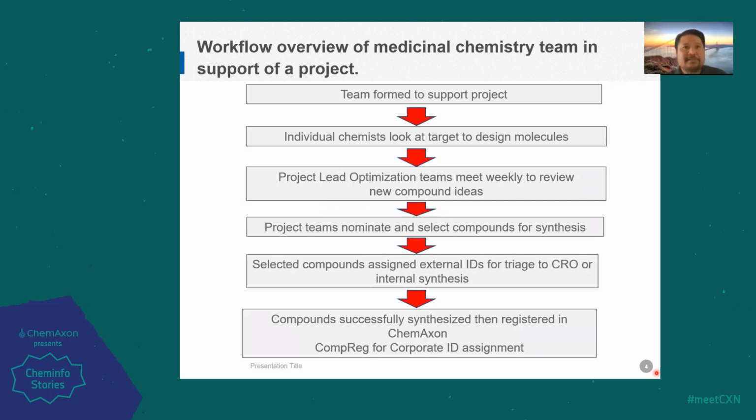So whenever a project is started from its inception, a team is formed. You've got your biologists, your chemists, your pharmacologists, and everybody else in support of that project. Our medicinal chemists will look at the target to design the molecules. And every week, project lead optimization teams meet to review these compound ideas.